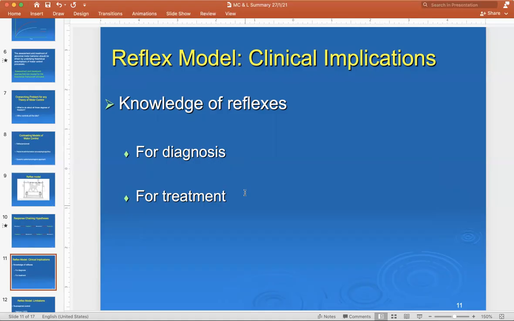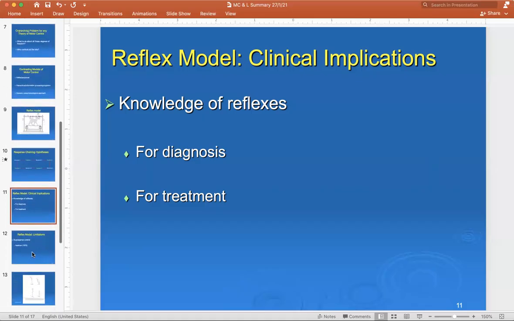We might use some reflexes to facilitate certain movements. We might use the asymmetric tonic neck reflex to facilitate reaching, for example, and we'll talk about that one more later. Anyway, reflexes for some clinicians are very important because they believe reflex is essentially a building block of movement. So we need to know those building blocks.